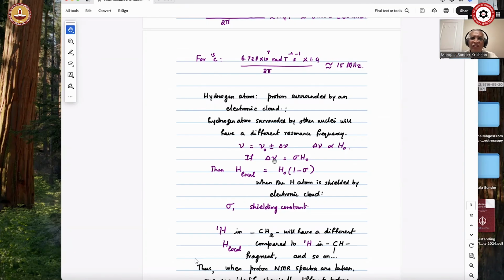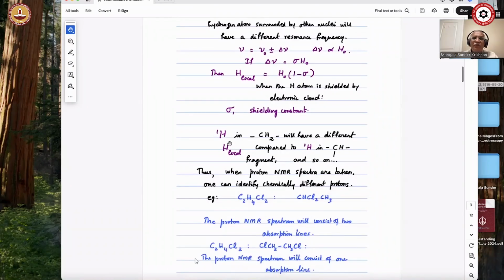Therefore, if you call the proportionality constant sigma, delta nu is sigma times H naught, and H local is H naught into 1 minus sigma. Therefore, the local magnetic field at the nucleus is not H naught, but H naught times 1 minus sigma. So the sigma has shielded the nucleus from seeing the whole field. The sigma is called the shielding constant.